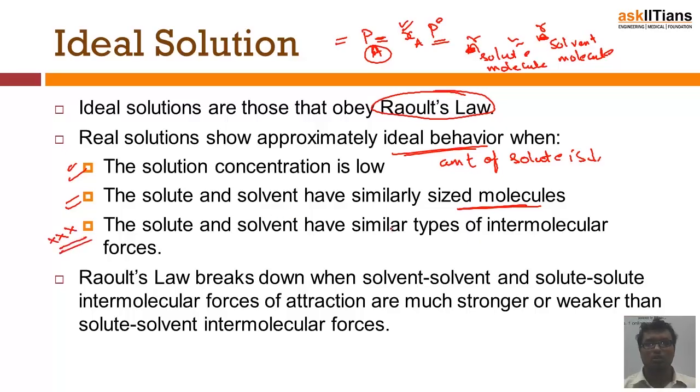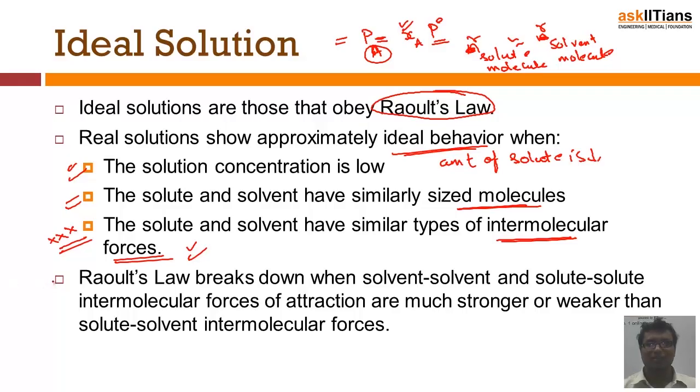And the third important point, this is very important: the solute and solvent have similar types of intermolecular forces. The solute consists of certain molecules and the solvent consists of certain molecules, and there are intermolecular forces in the solute and the solvent. If the solute and solvent have similar types of intermolecular forces, then the real solution approximately behaves as an ideal solution.